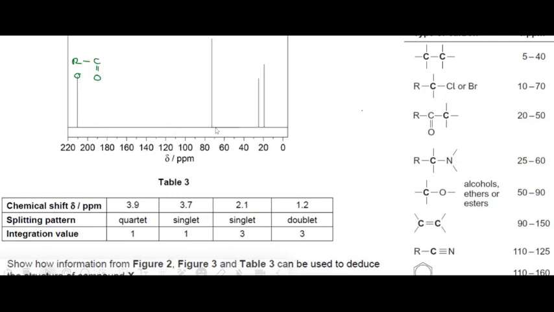Cool. At 70-odd, you have a peak, which should be this one, C–O. So that means we now have two oxygens. Remember the empirical formula was C2H4O.